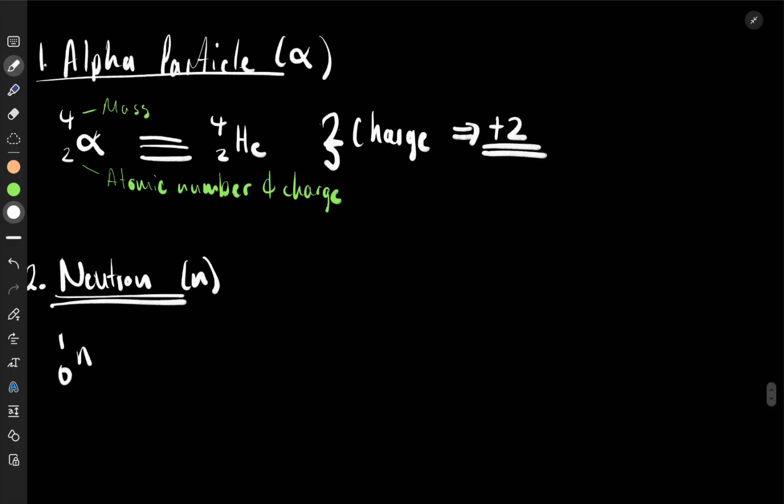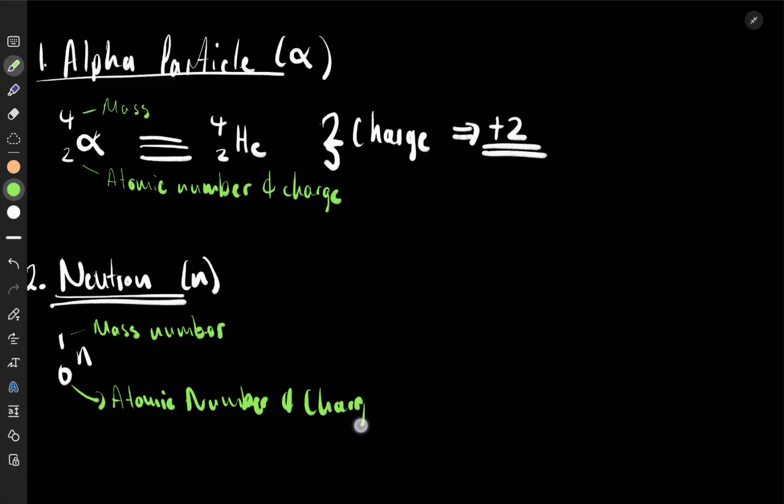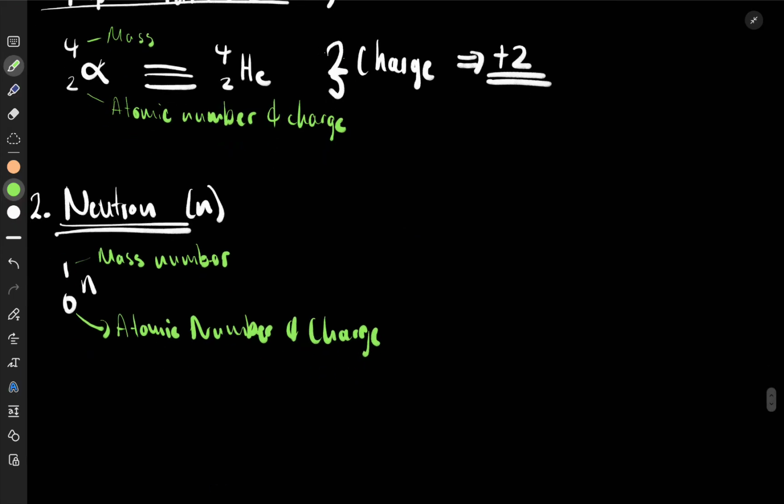The top is the mass number, so it has a mass of 1, which is protons plus neutrons. Then here is the atomic number and the charge. So that means this thing actually has 0 protons and a charge of 0, because they go hand in hand.